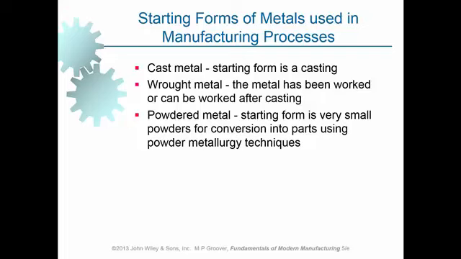And wrought metal is another method of production of metallic materials, that is, material has been subjected to some sort of hammering, such as the forging operation. We've got the billet of the material which is subjected to hammering, then it comes to a specific shape and size, and it may require further operations in order to be brought to the final shape and geometry.